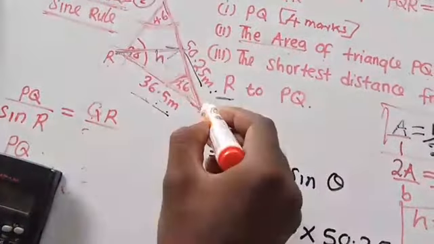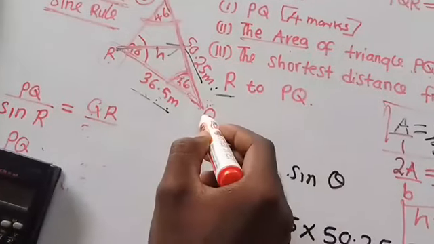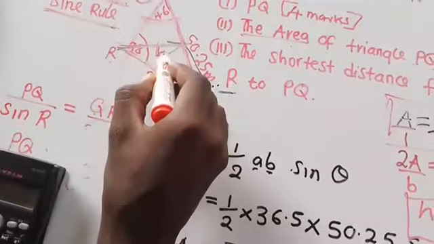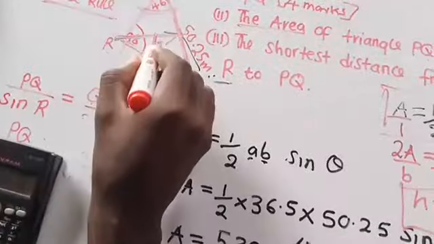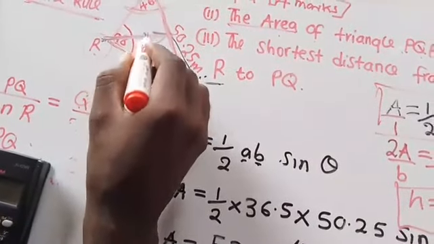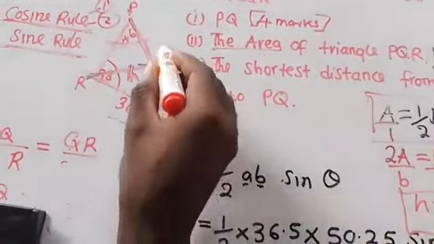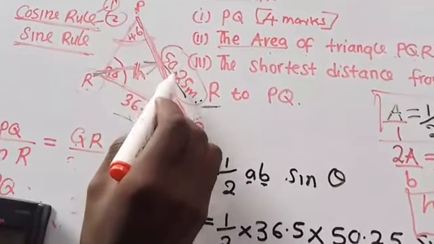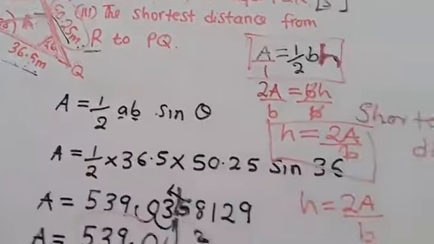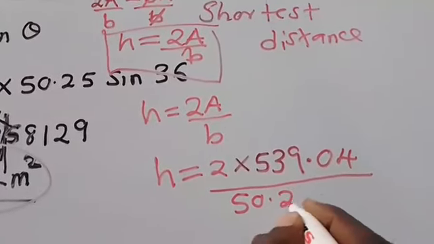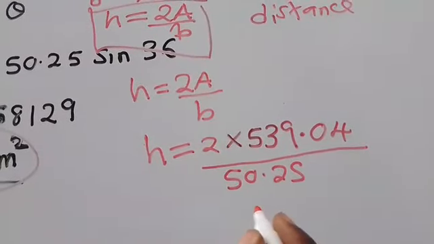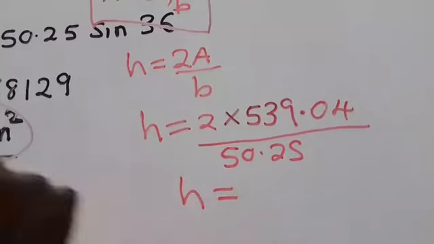We are told to find the height, which is the shortest distance. So our base is 50.25, and I put 50.25 here.